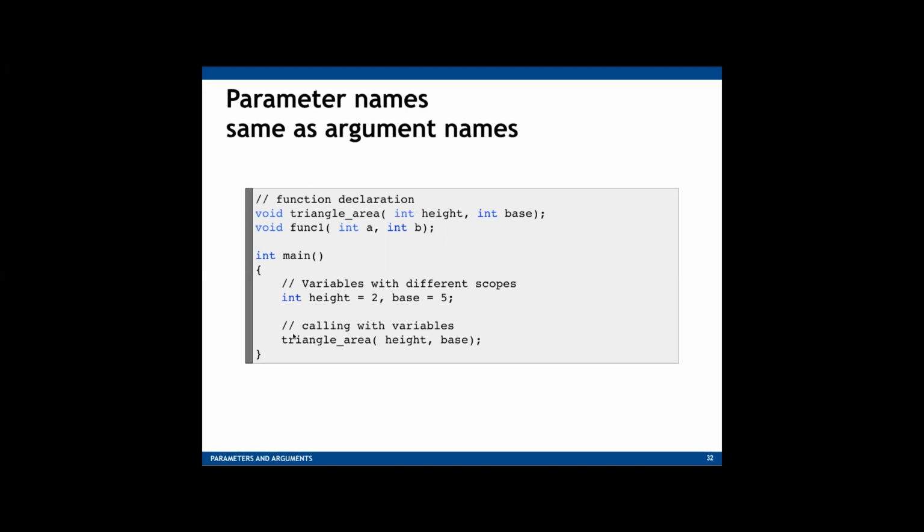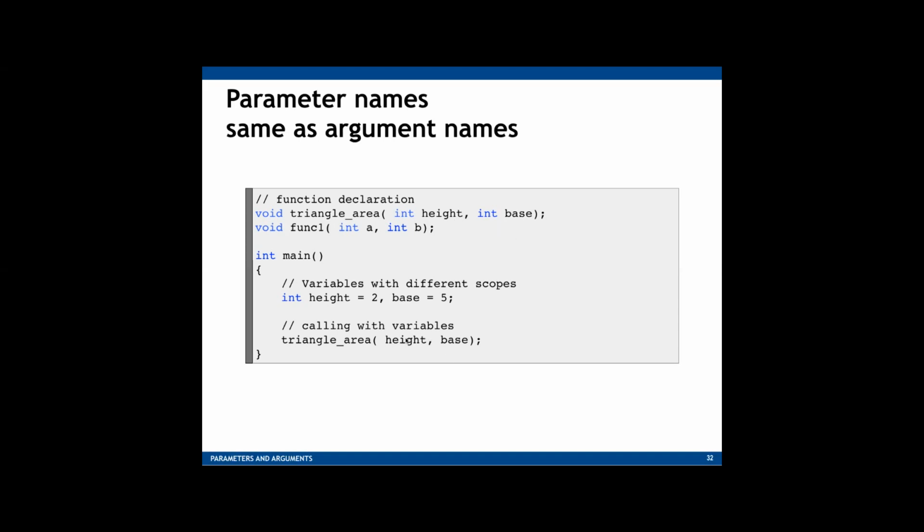And if you look here, there is a function call statement. It's calling the triangle area function, and it passes height and base. Height and base are local variables of the main function. So what we can see is that this is the arguments and this is the parameters.